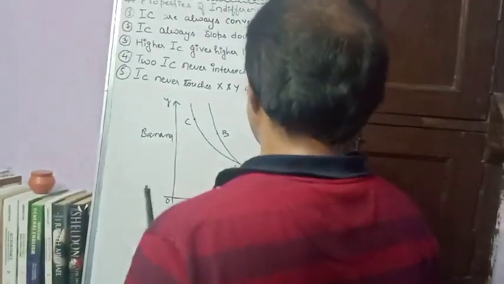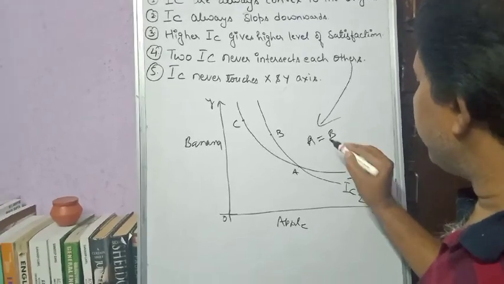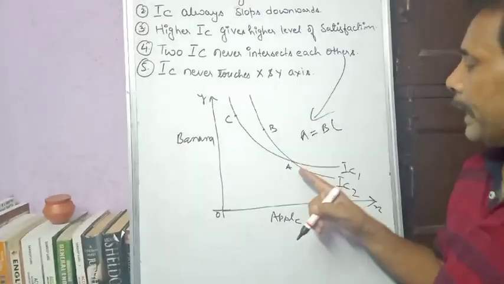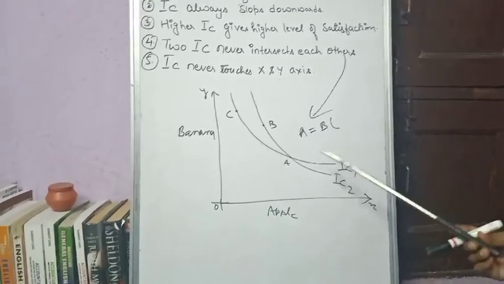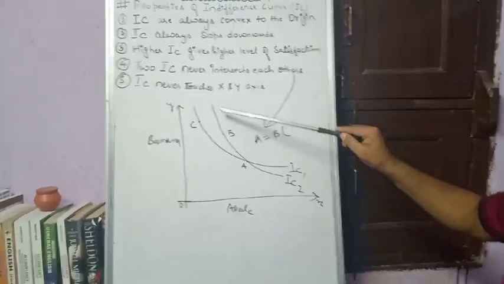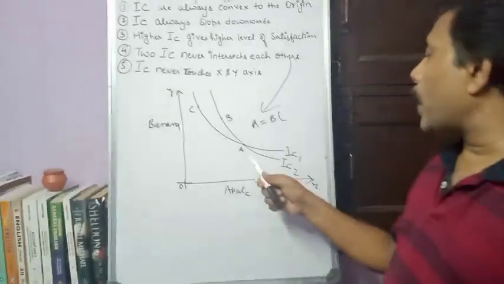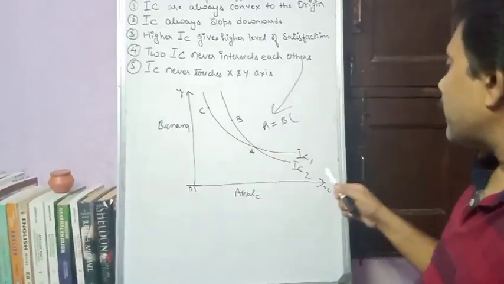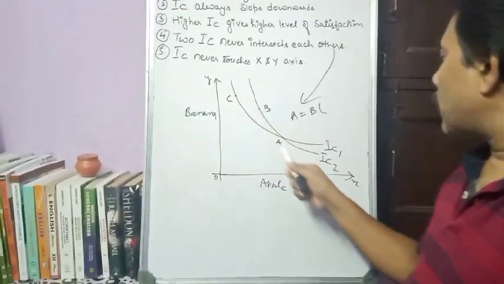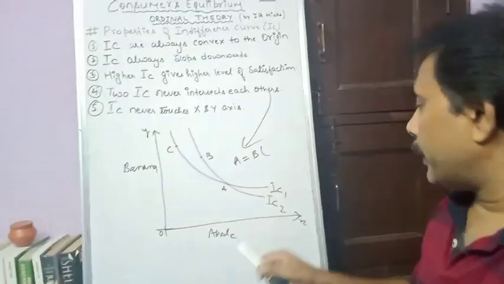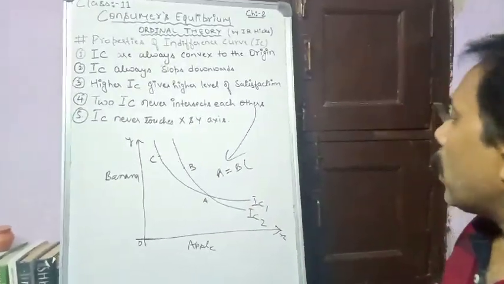So we have studied that A is equal to B. How can we say A is equal to B? Because in the definition we have already studied that any point which lies on an IC gives an equal level of satisfaction. So point A is situated on IC1 and point C is also located on IC1. Point A is located on IC2 and point B is located on IC2.